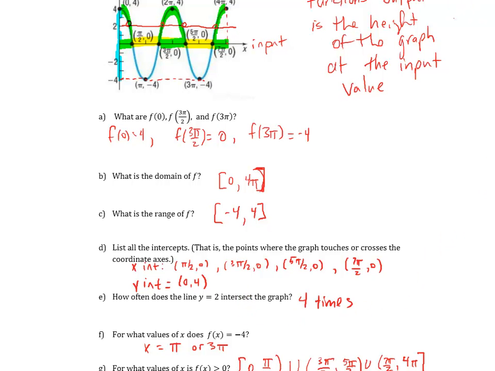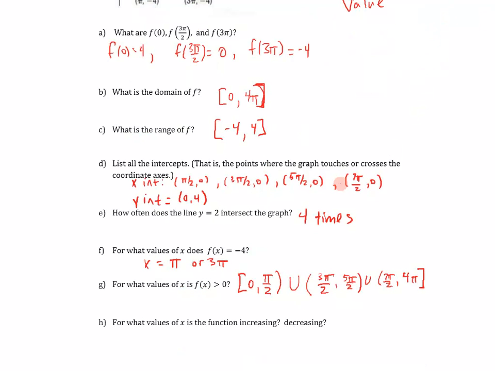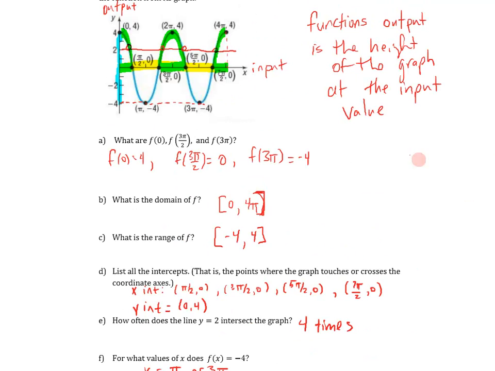Now the last question jumps off the screen here, so let me scroll down and then we'll scroll back up. When is it increasing? When is it decreasing? So increasing. When is it going uphill? It's going uphill from there to there and from there to there.